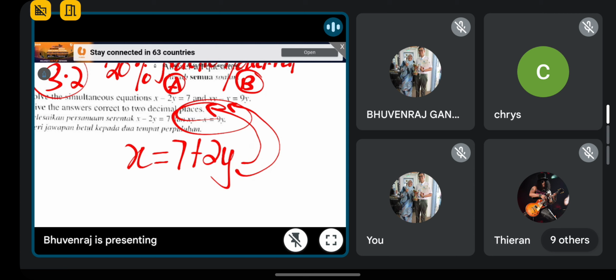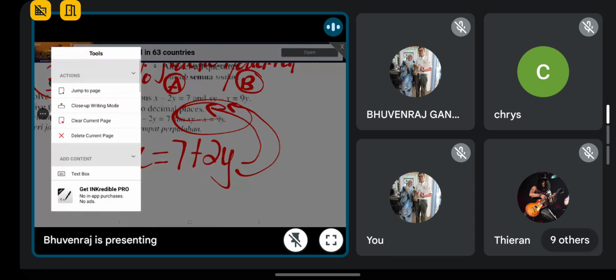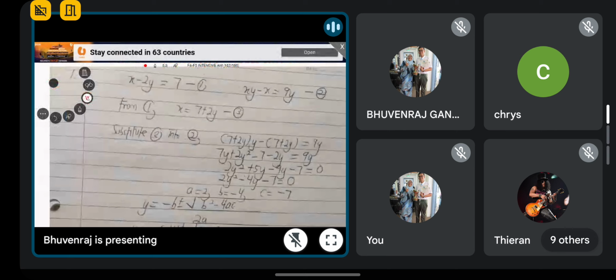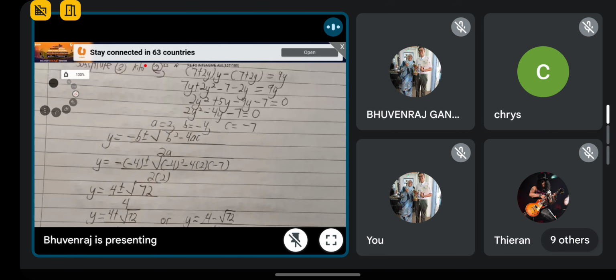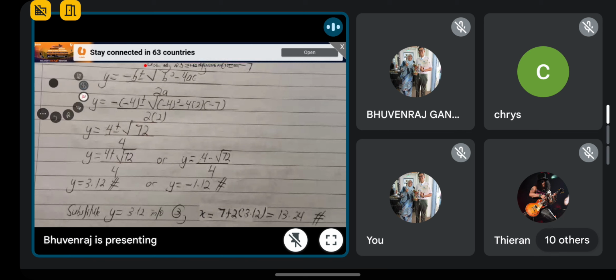Okay, so for the solution, you can see over here for this question. Saya dah buat siap-siap. Over here, I want to highlight, you have to use quadratic formula, kena guna rumus kuadratik kat sini, sebab tak boleh faktorkan, cannot be factorized. So kamu akan dapat dua nilai y.